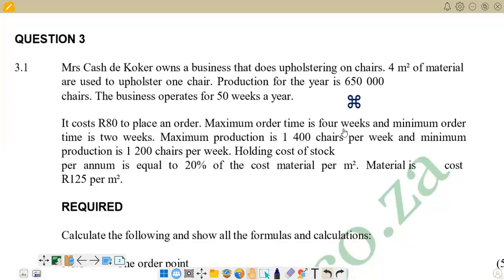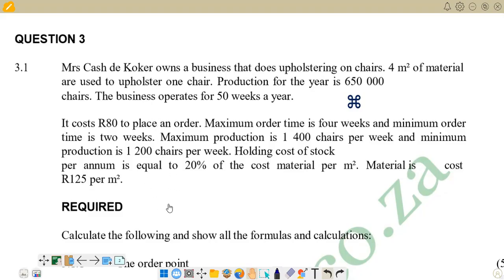Maximum order time is 4 weeks and the minimum order time is 2 weeks. Maximum production is 1,400 chairs per week and the minimum production is 1,200 chairs per week. Holding costs of stock per annum is equal to 20% of the material cost per meter squared. Material cost is 125,000 rands per meter squared. So that is what we have in terms of this question 3.1.